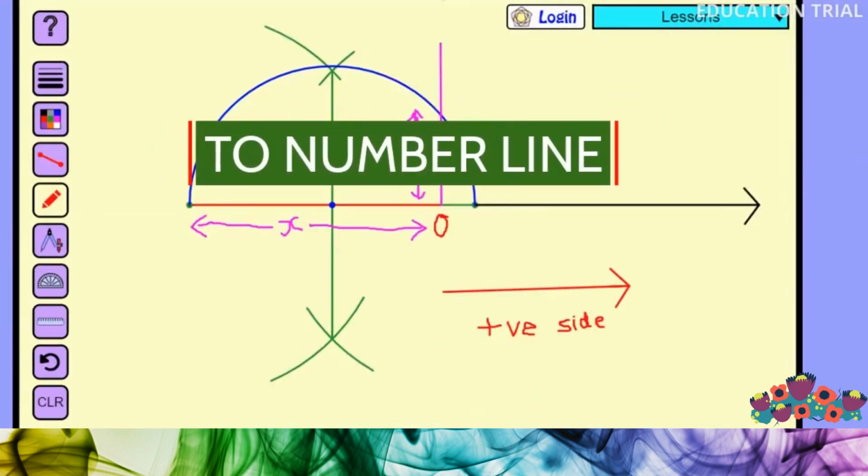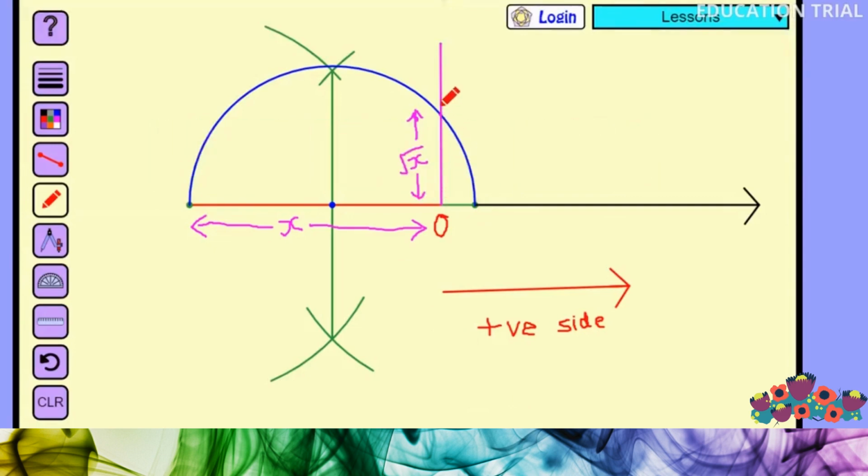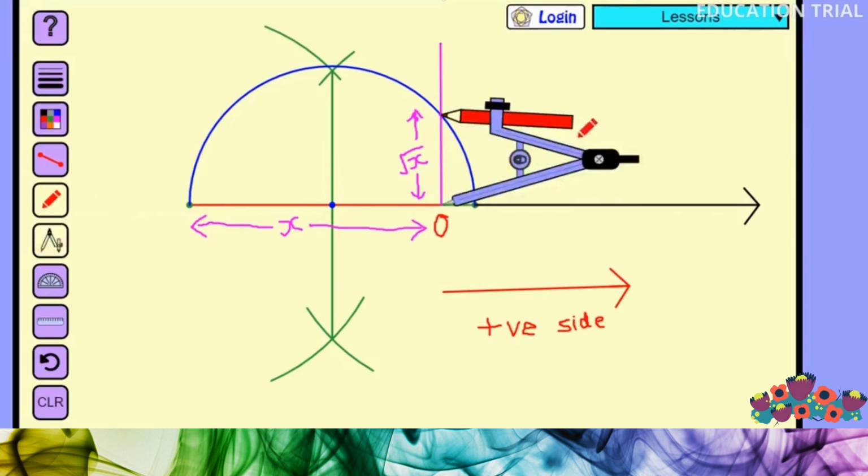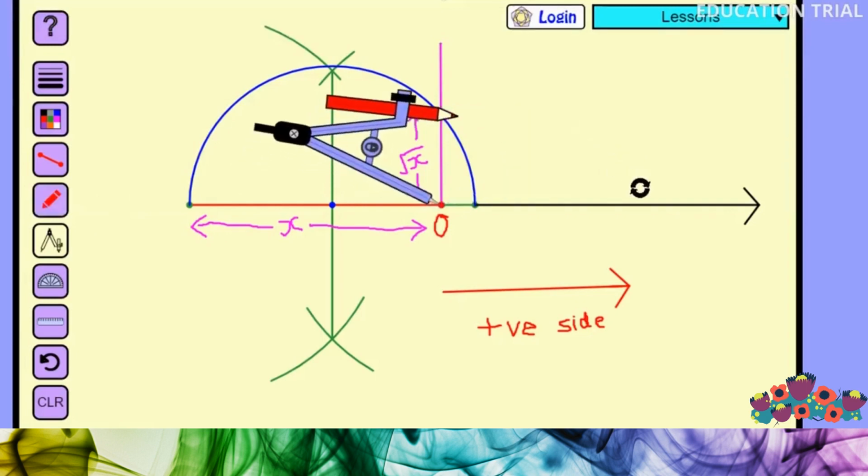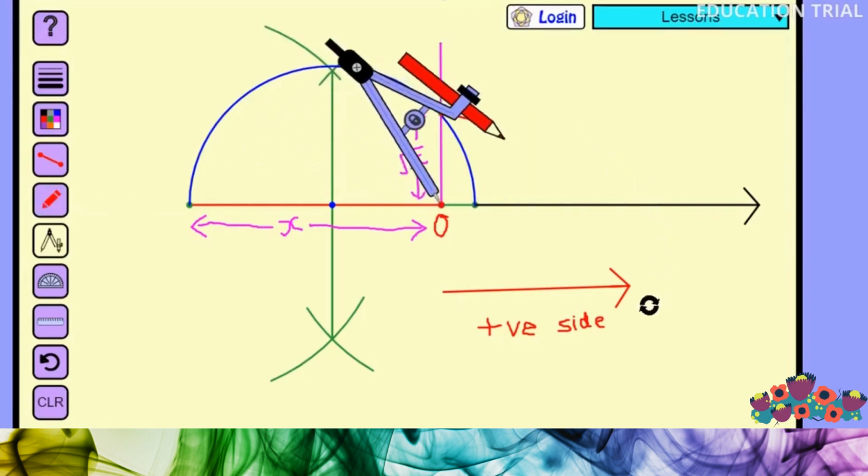Once you have done this construction, then you can mark the value you have constructed on the number line simply by considering the baseline as the number line. You can mark 0 just below the point where we have constructed, and using your compass you can copy the measurement you have constructed onto your number line.